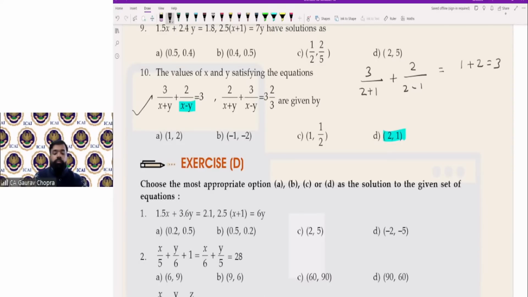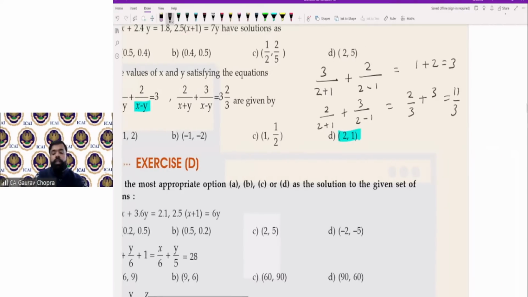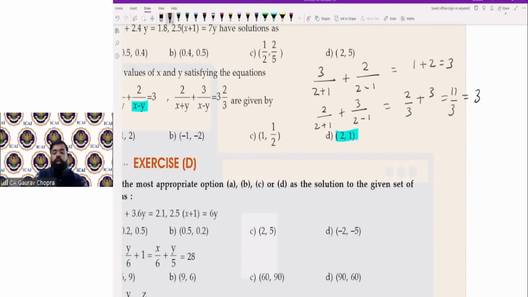That will also get verified. So 2 upon 2 plus 1 and 3 upon 2 minus 1. So here you are getting 2 by 3 plus 3. It will become 11 upon 3, or in whole number you will write 3 2/3.